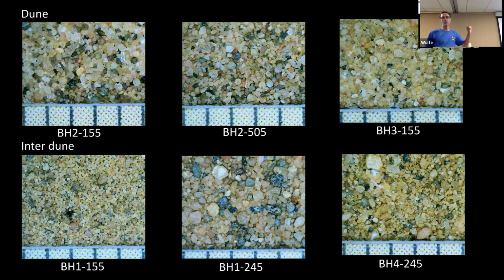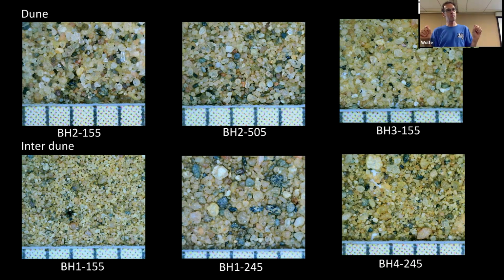So take a look at the size of those grains compared to that. We're talking about grains that are not even a quarter of a millimeter in size. You look along the top at those grains and you can get a feel for their size. They're typically less than a quarter of a millimeter. Small. And they're all very similar.